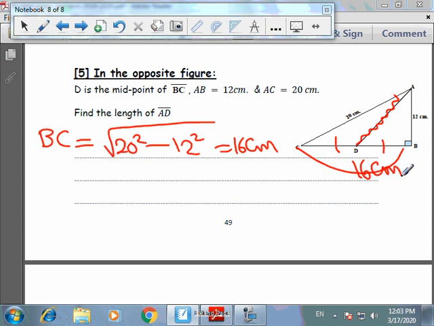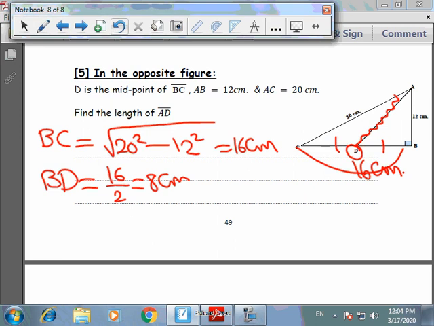Okay. So how long is BD? Of course, BD equals 16 over 2. Why? Because D is midpoint. This part equal to this part. So now I know that BD equals 8 centimeters.